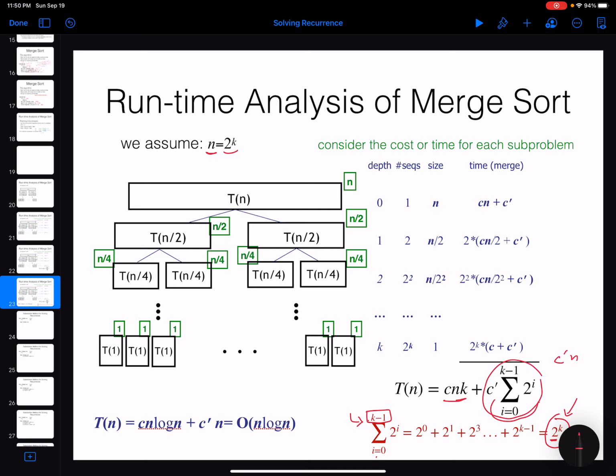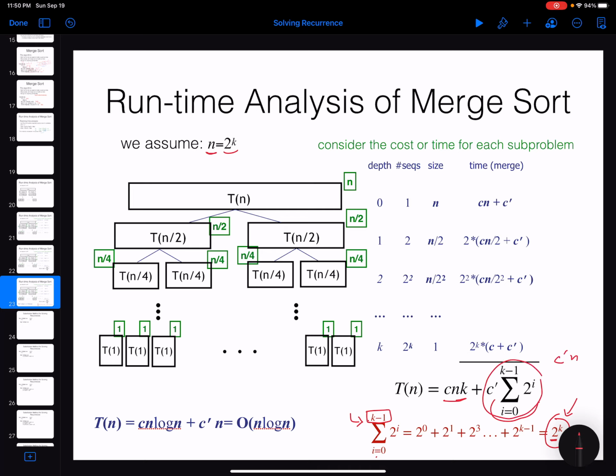I personally always prefer to use the tree, especially if you have multiplication in your formula, like in your algorithm you have more than one subproblem. In that case, the tree is going to be much easier to use.